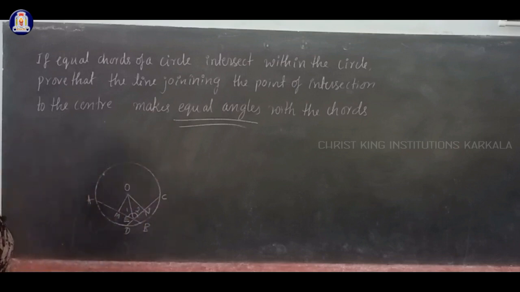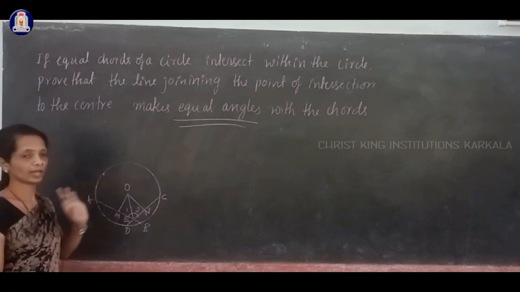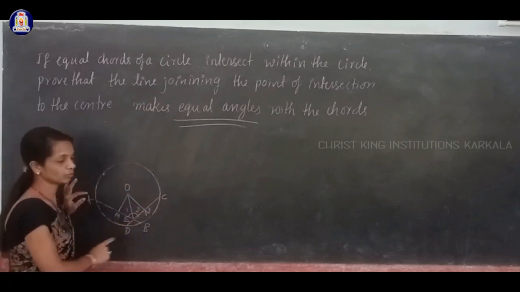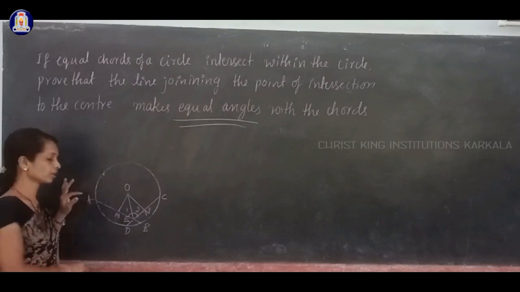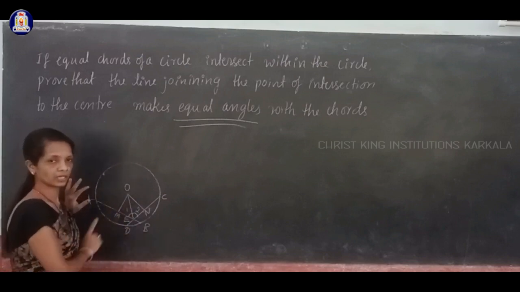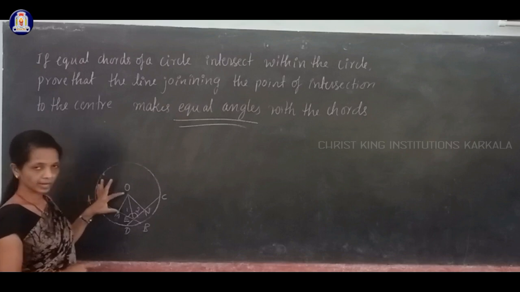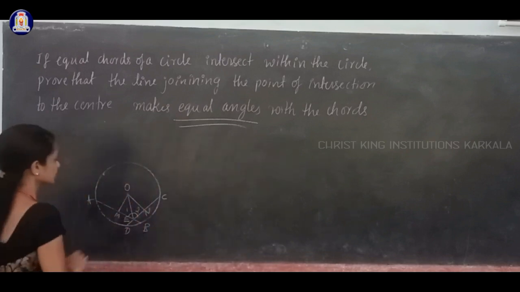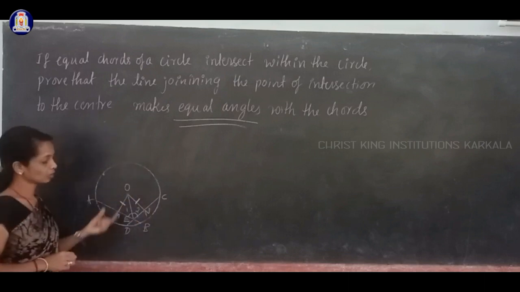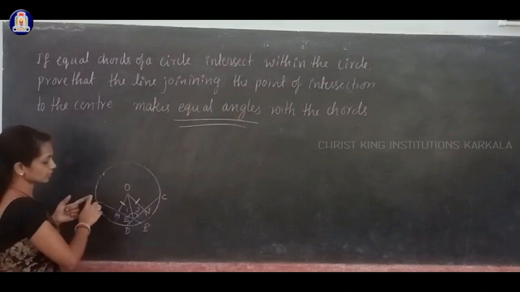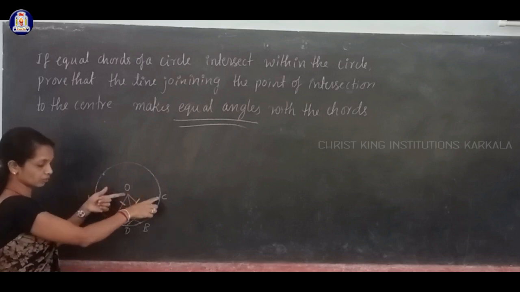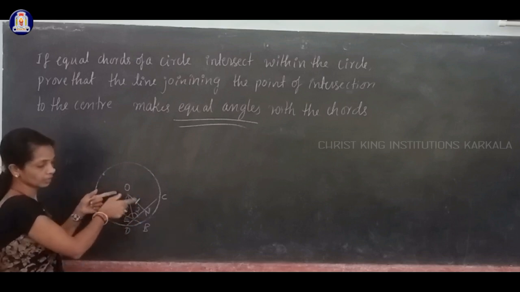Since we have taken two equal chords AB and CD, theorem 6 says that equal chords of a circle are equidistant from the center of the circle. So OM is equal to ON. OM is the distance of the chord AB from the center O, and ON is the distance of the chord CD from the center O.